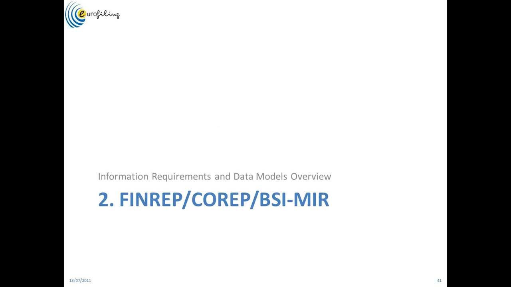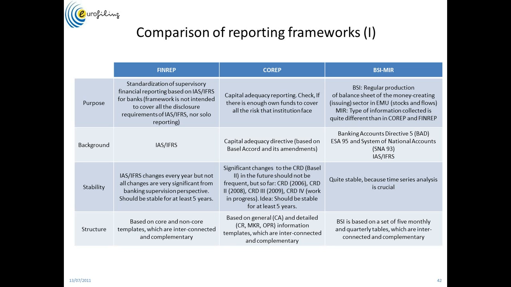So how does it look for COREP, FINREP, and statistics, these information requirements and data models? First of all, they are totally different things. So at the beginning, we are in the last position where we start to combine something that normally doesn't go together that easily. FINREP, which is the IFRS reporting of financial institutions, COREP, which is capital adequacy, and there are just very few things in terms of the base items that relate to FINREP.